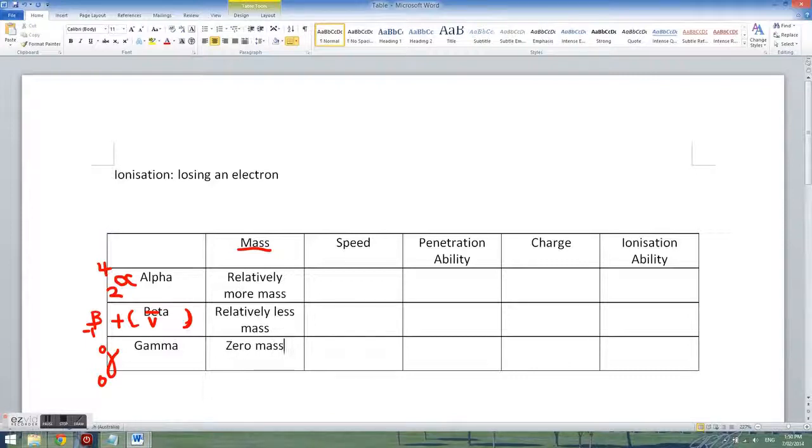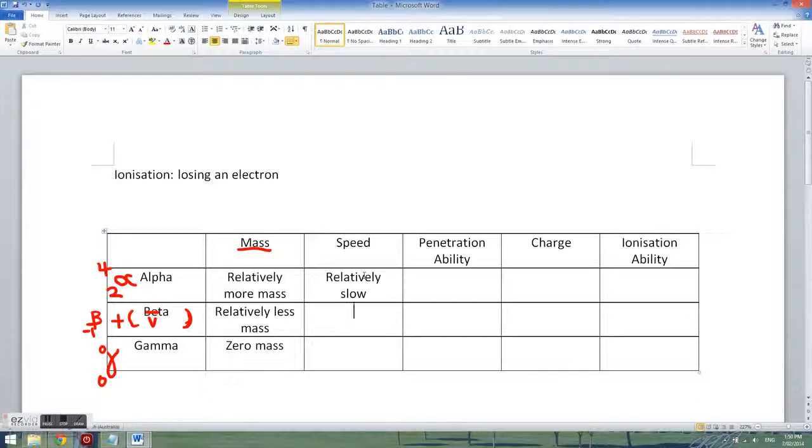Then let's look at the speed. Your alpha particle is relatively slow, because it has more mass.